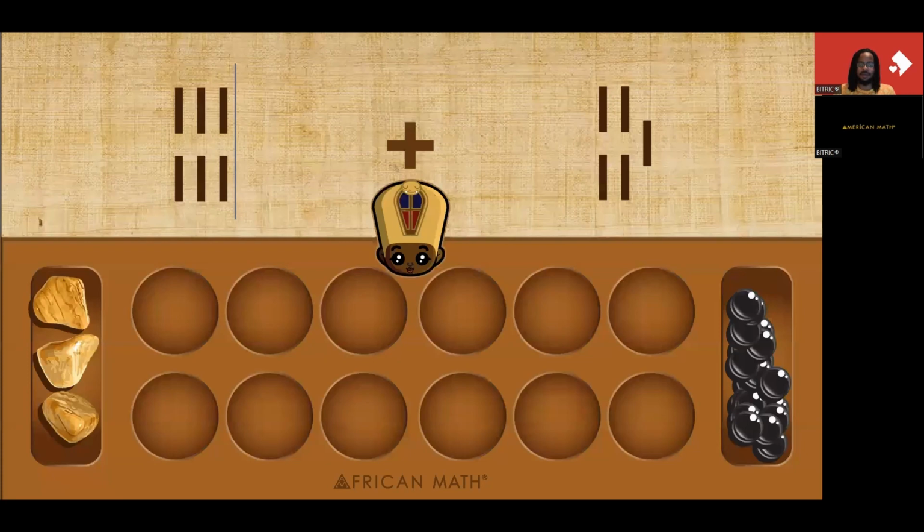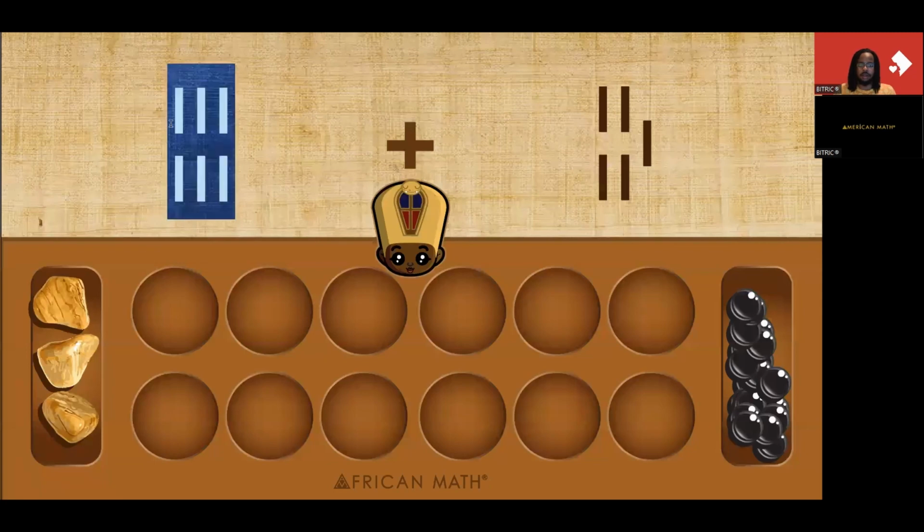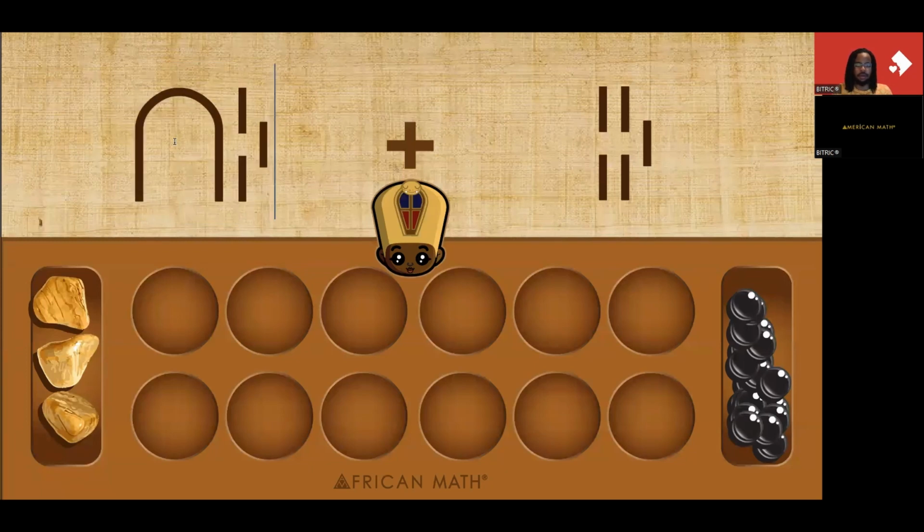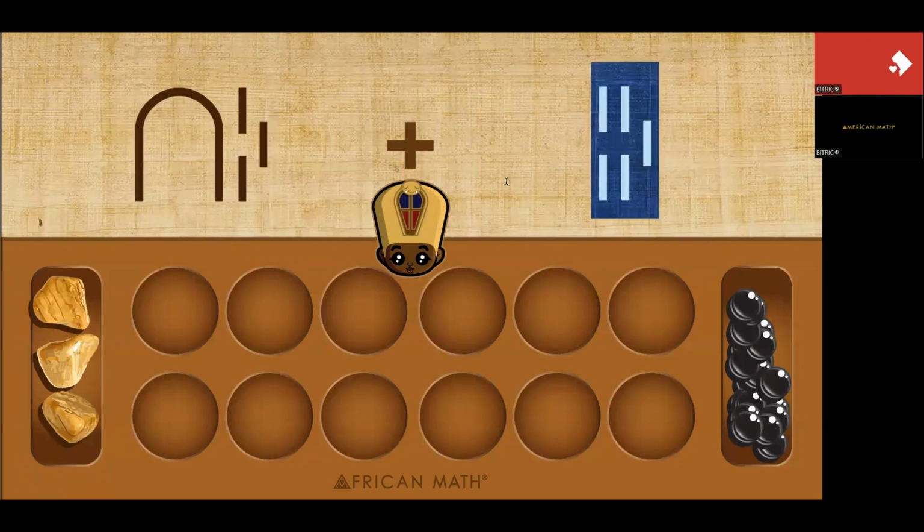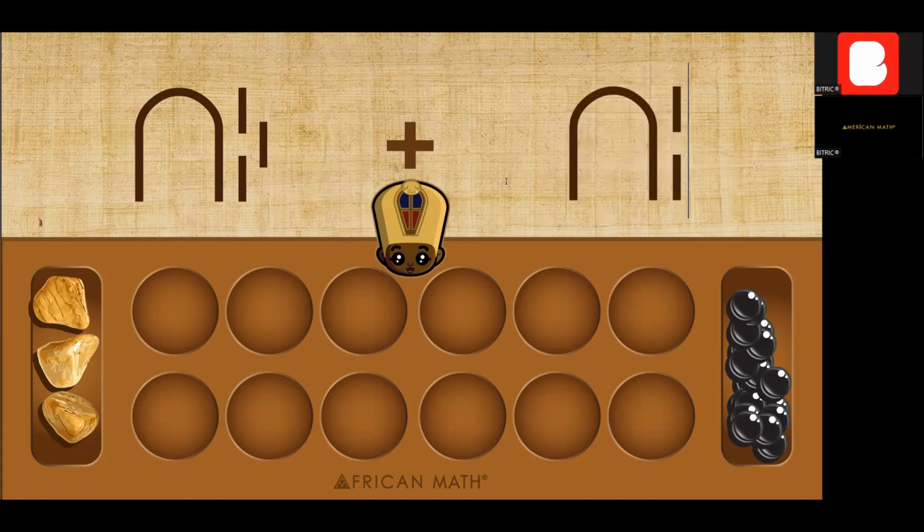Okay. Let's do one last equation. What do you think we should do? Let's do 10, 3 plus 10, 2. So we have two houses of 10. That's pretty easy. So we're going with 10, 20.